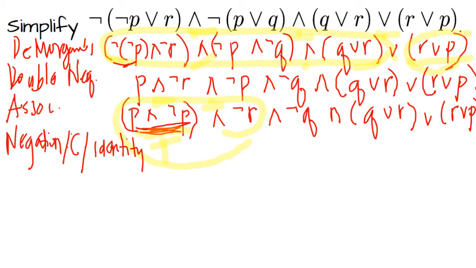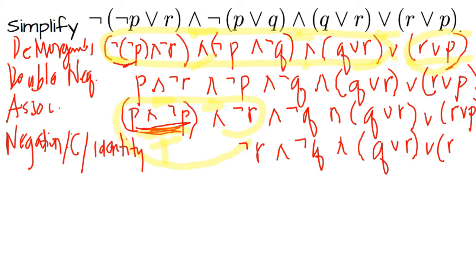So this will simplify to not R and not of Q, and this term Q or R or R or P.